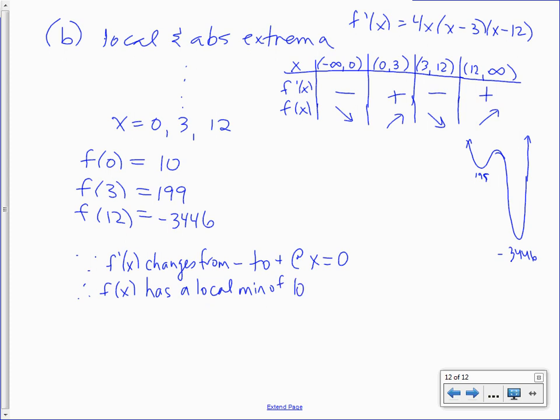Right, that's wrong. 10, 199, that's what it should be. 10, 199, negative. Okay, a local min of 10 at x equals 0. Local min of 10. Okay.